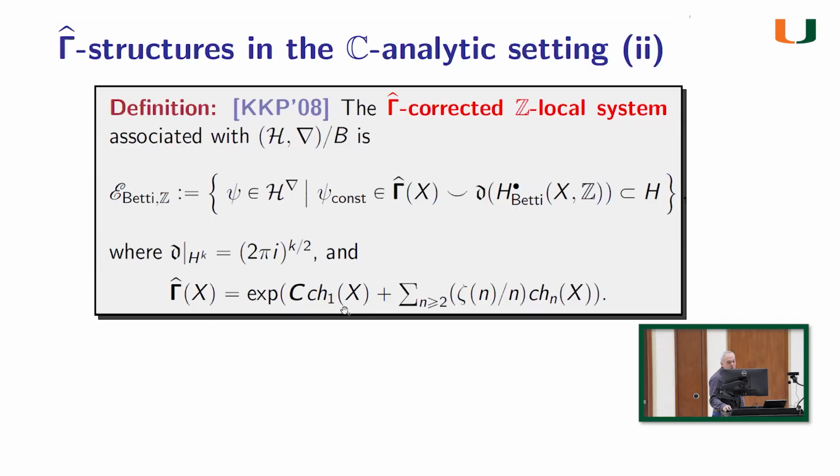So it's the exponent of the Euler constant multiplication by the first Chern class of X. And then, oh, I'm missing a sign. I think there is a (-1)^n here. And then the zeta of n over n times the n-th Chern class of X. And there is a (-1)^n there.